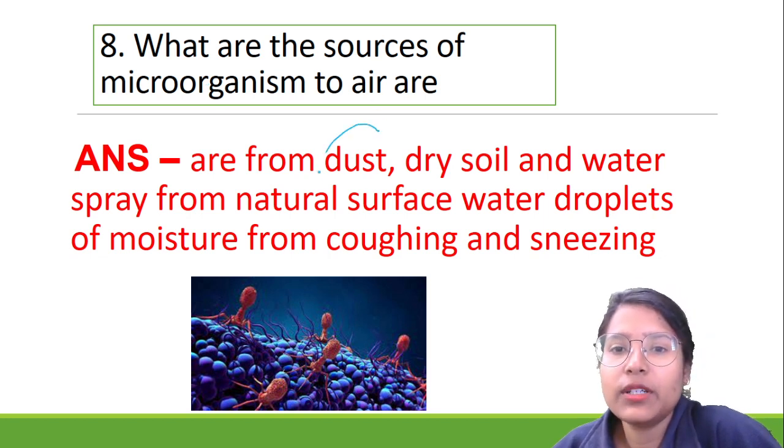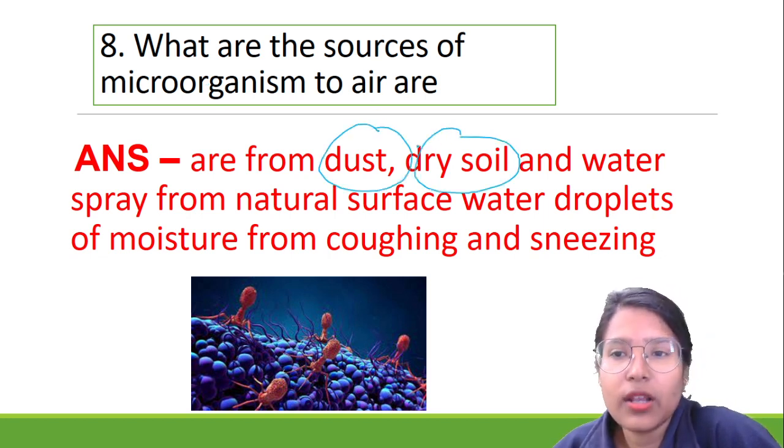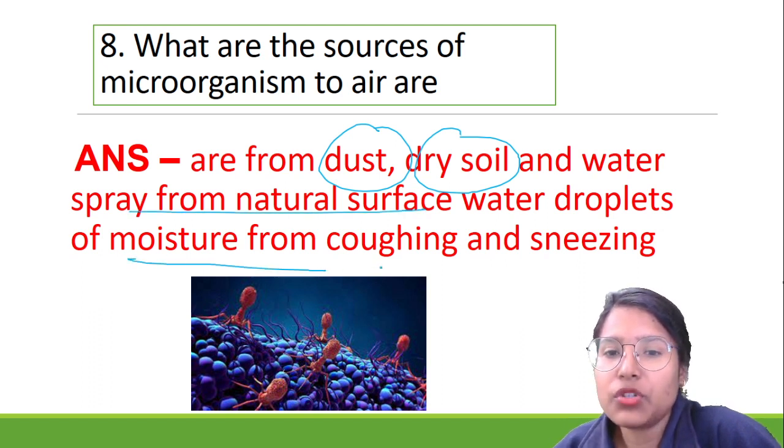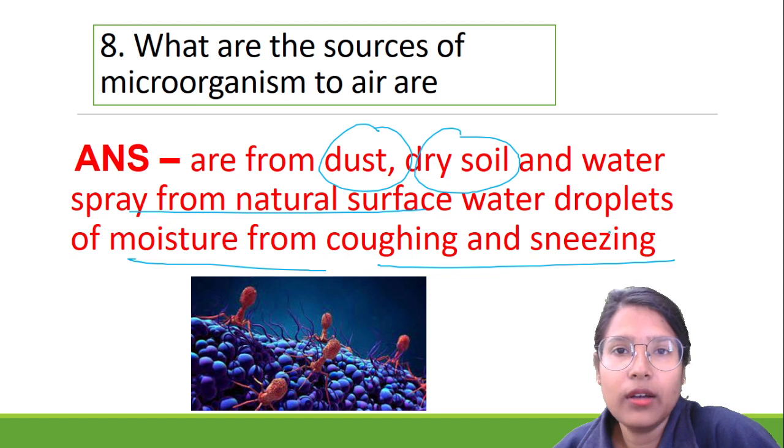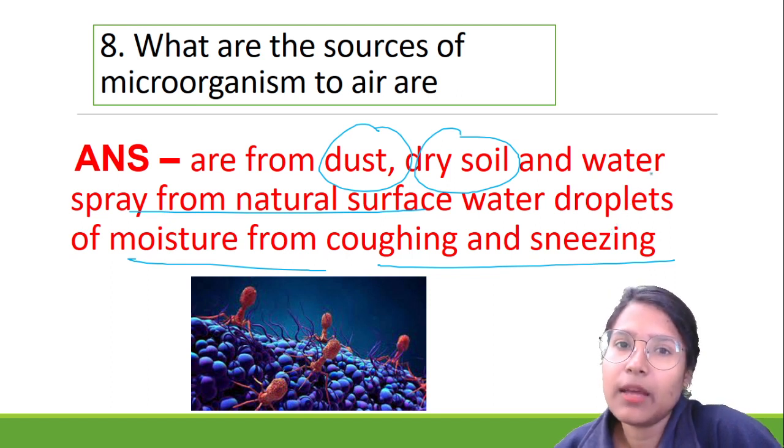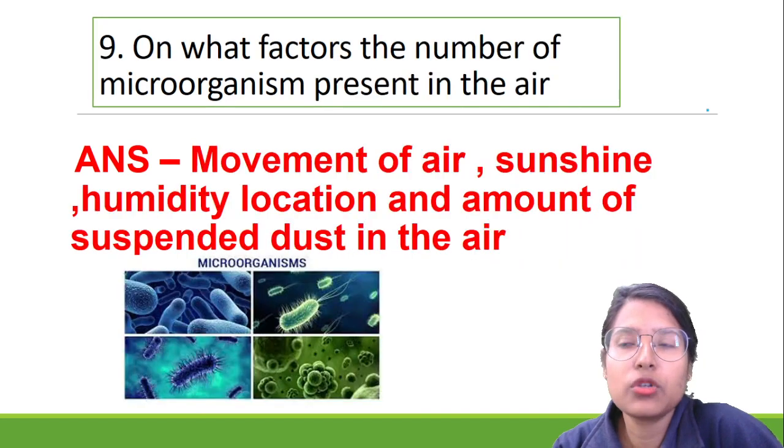So of course from the dust, but also dry soil, water spray from natural surface water, droplets of moisture, and coughing या sneezing के through. Like we generally contaminate the surroundings by coughing or sneezing. So that can also be responsible for transfer of microorganisms.